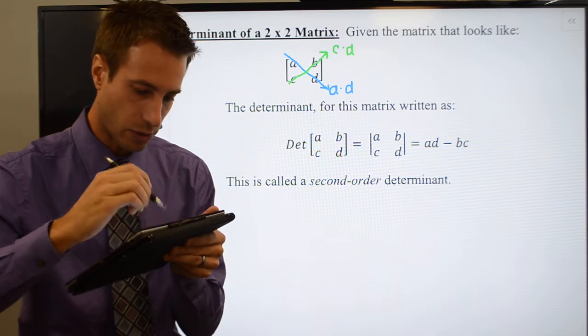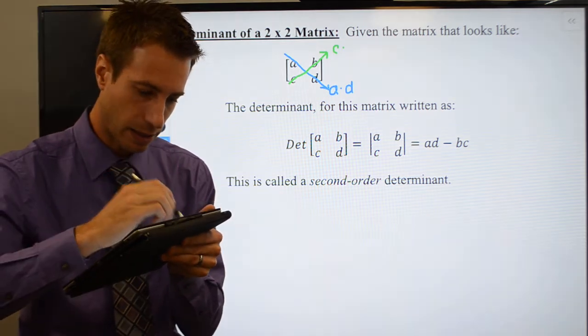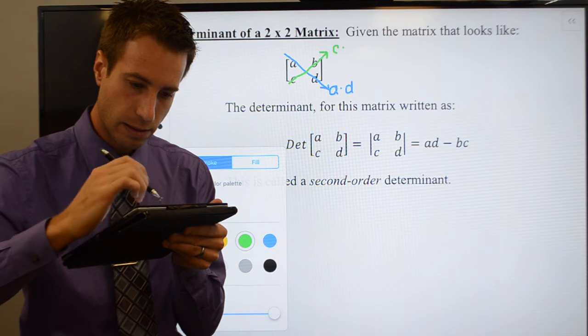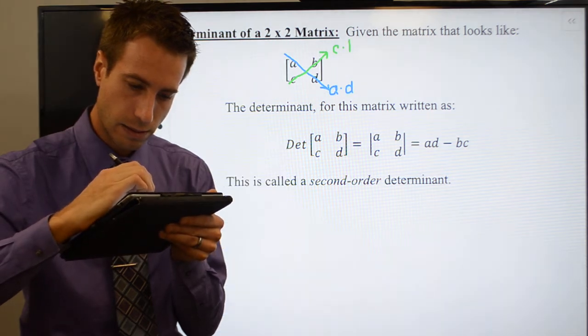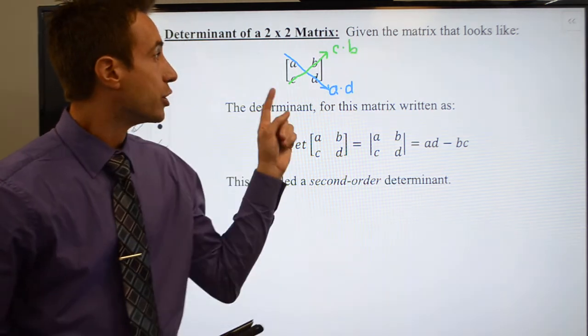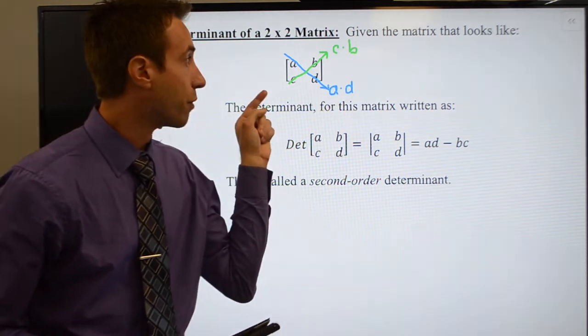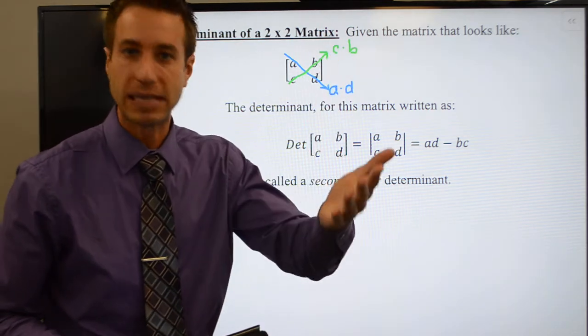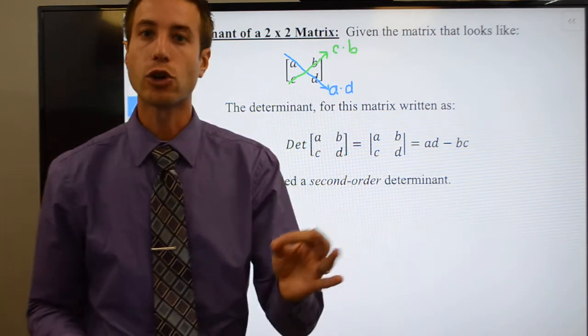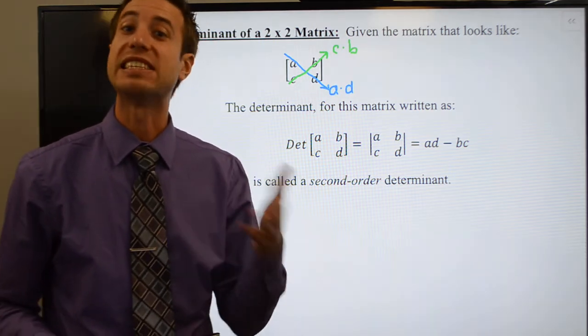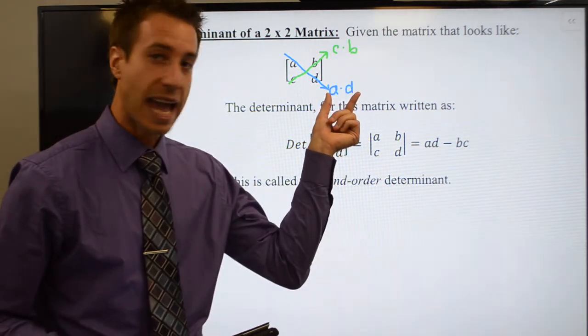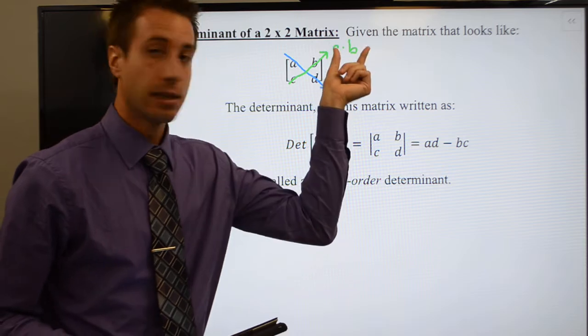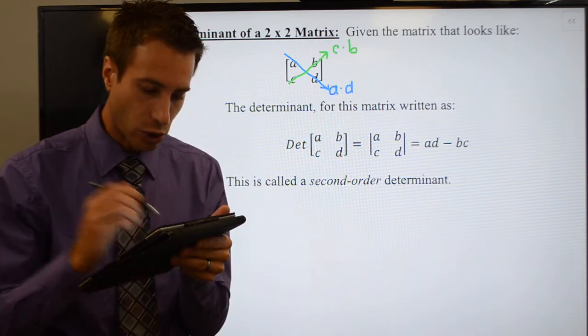I'm sorry, I wrote those in the wrong order. That's not a B. There's a B. So you will find A times D, and you'll find C times B or B times C, whichever. Now what you're going to do is find the difference between A times D and C times B. It'll look like this.